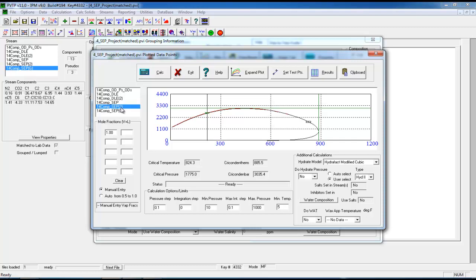But now I use the rule of thumb that is already mentioned in the PVT box in grouping. So based on that, I found that I could lump my components to 6 while keeping the phase envelope with the same shape.